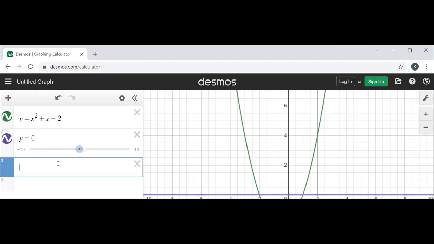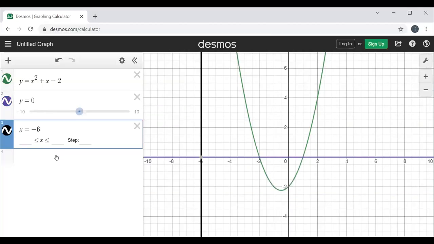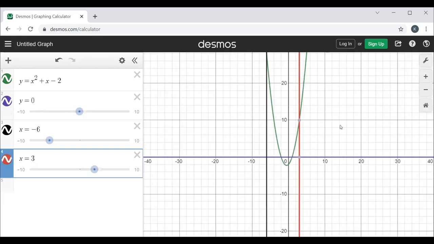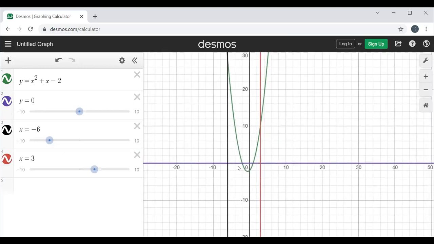So I'm going to put in x equals -6 and x equals 3 so I can see where it starts and where it ends. Okay, I have to zoom out a little bit more. Okay, so I'm looking for the area in this region between the green curve and the x-axis.